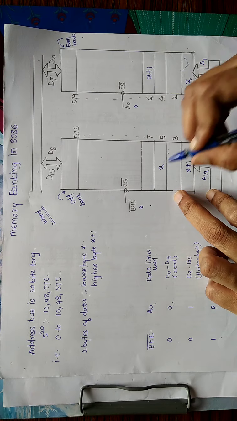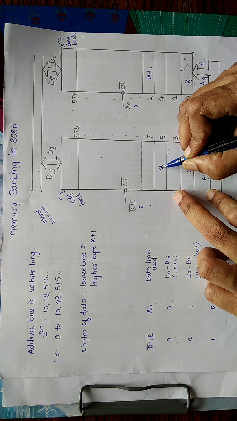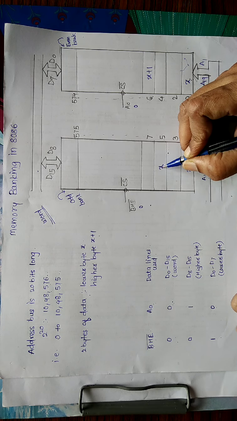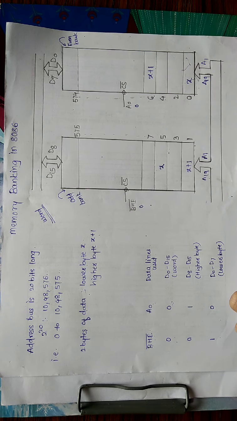Whereas if the lower byte of the word is situated at an odd address, then two read or write operations are going to be performed in order to read or write the memory locations.